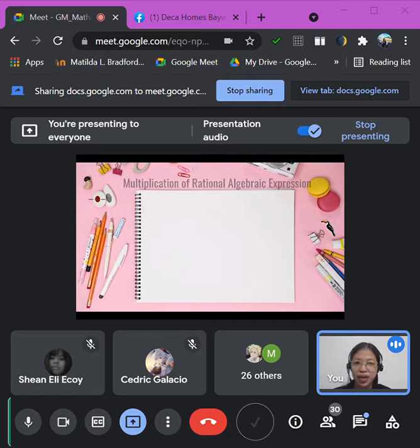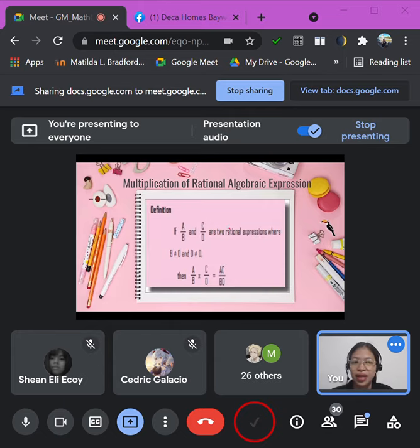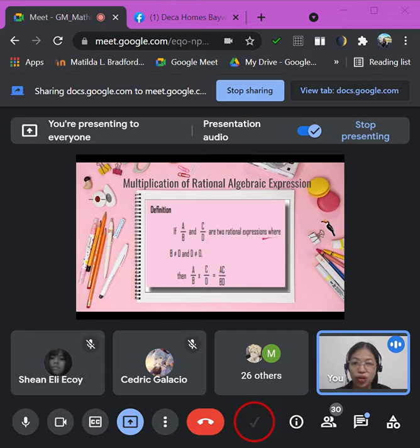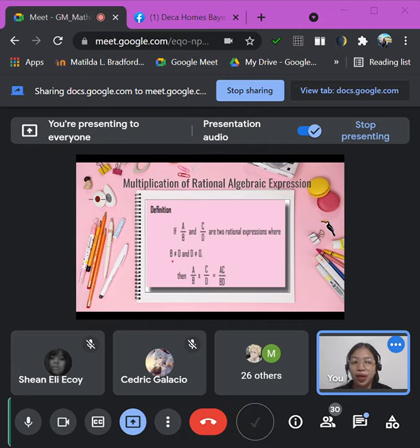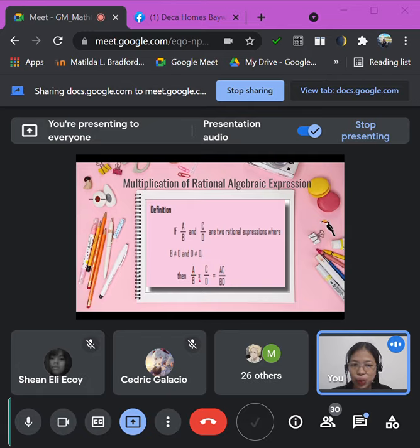So we have here, the first one is multiplication of rational algebraic expression. So that is, if A over B and C over D are two rational algebraic expressions where B and D are not equal to 0, then we are just going to multiply that one.